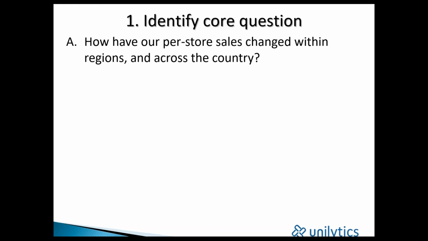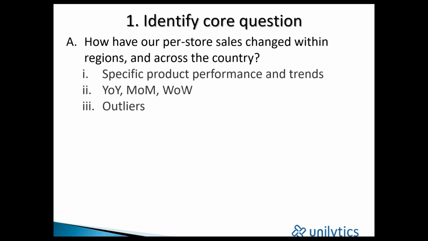A question like this: how have our per store sales changed within regions and across the country? It's a straight question to the point, but in order for us to really answer this, the subsequent underlying questions, if you will, help frame this.